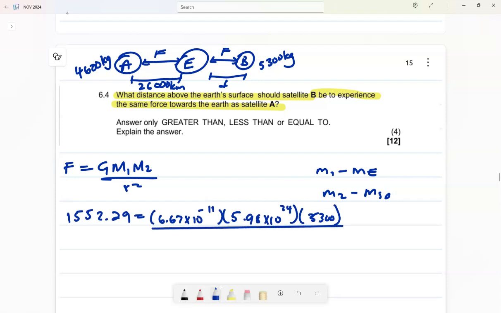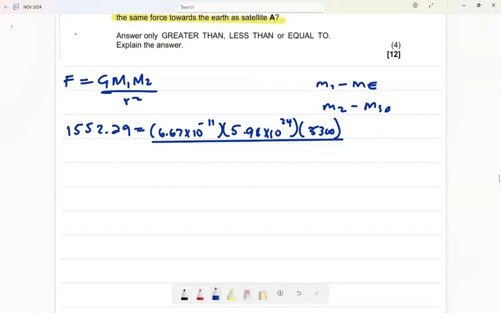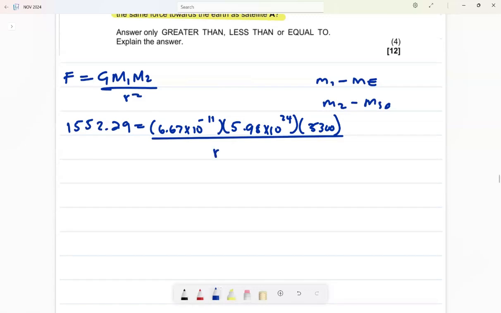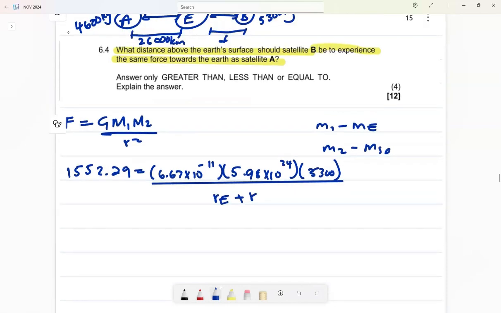When it comes to the radius, it's going to be the radius of the Earth plus the distance that you are looking for, D. The radius of the Earth is 6.38 times 10 to the power of 6, plus D, all squared.